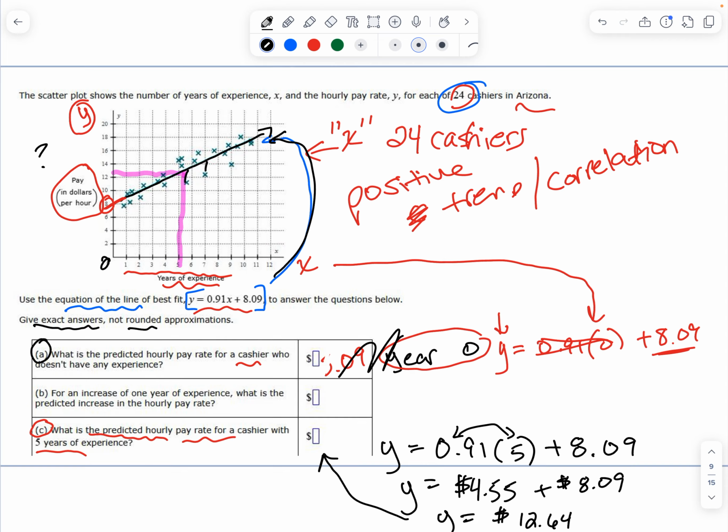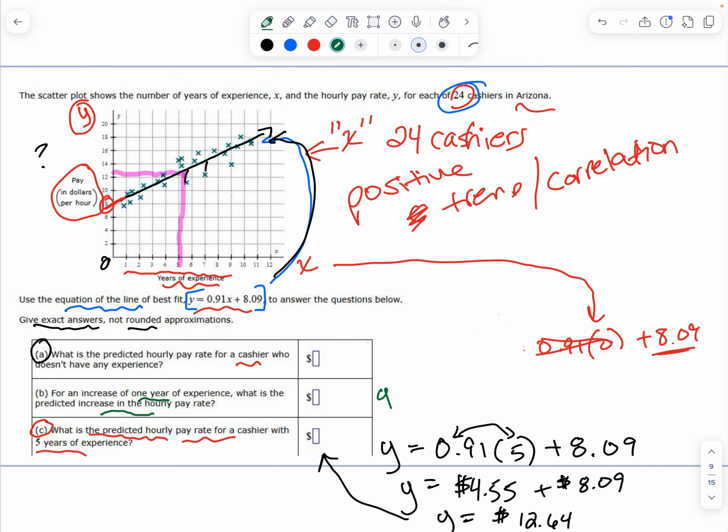Okay, last piece, I saved B for last. It says for an increase of 1 year of experience, what is the predicted increase in the hourly rate of pay? All right, they're not asking us for the total per hour like part A and part C did. It looks like they're just asking us to figure out, after 1 year of experience, what is the increase in the hourly rate?